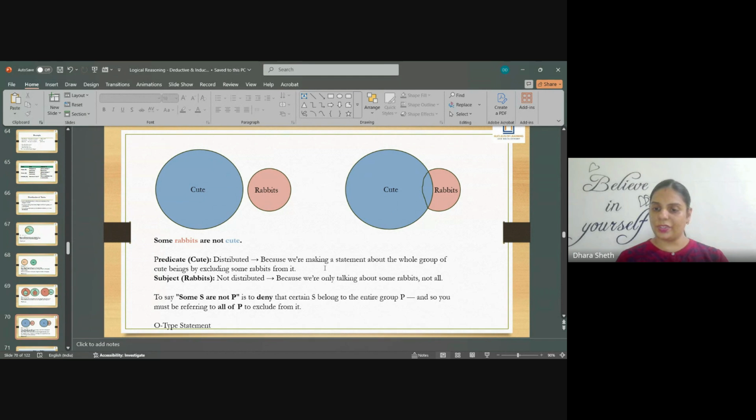So they are not distributed. We are only talking about some rabbits. But these non-cute rabbits do not exist in the cute predicate, and that is why it is distributed. We are making a statement about the whole group of cute beings by excluding the not cute rabbits from it. It's called O-type statement. Some S are not P.